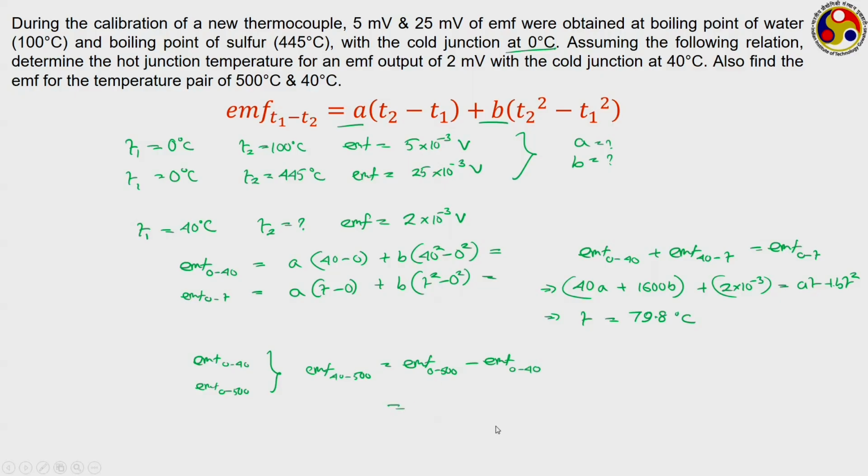The answer that you are going to get in this problem is 26.6 millivolt. So, you can do the calculation, get the values of A and B, and putting them you can try to find these two values.